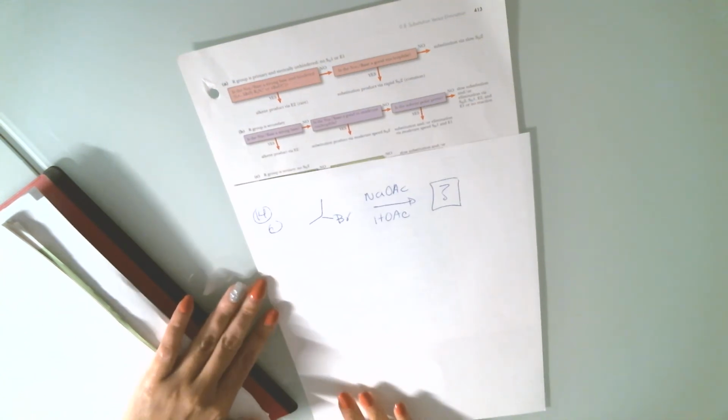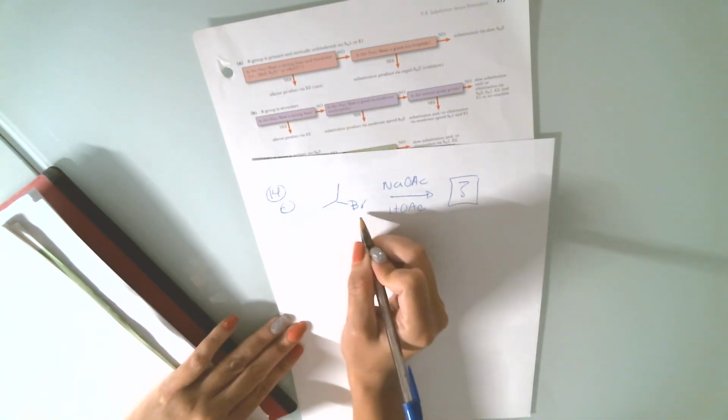Okay, the first thing you have to do when you are looking at completing a reaction and also knowing what type of mechanism it will take place, then decide the type of haloalkane that you have here. This is a secondary haloalkane.